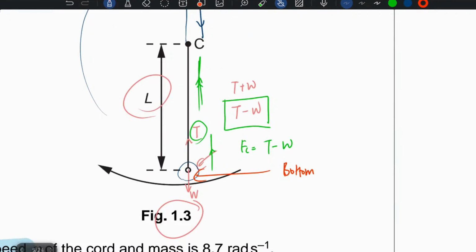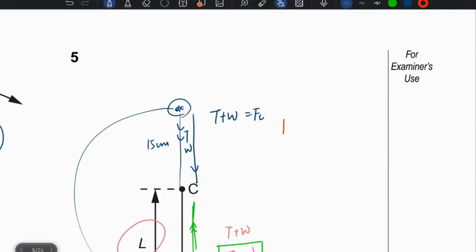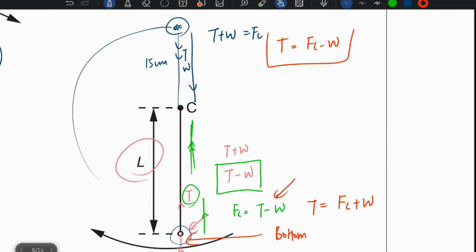Because if you rearrange this equation, you get tension equals centripetal force plus weight, while at the top you get centripetal force minus weight. So which part has a greater tension? The bottom part. That is why the bottom part will snap first. It's good to know this also, because they might ask, because they just want to see whether you understand or not. So, coming back to the question.